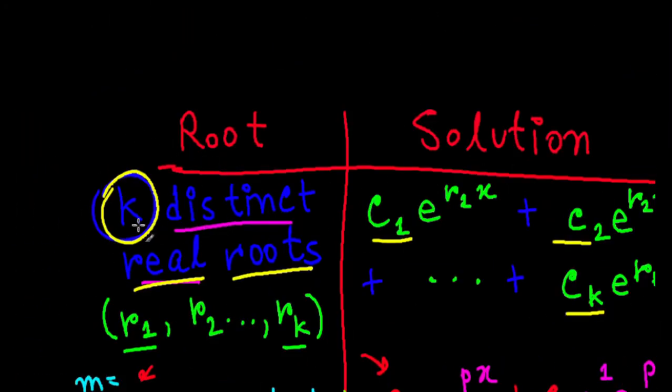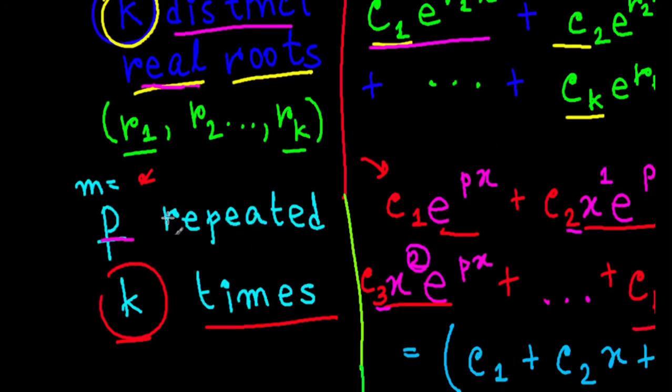If there's some number of distinct real roots, we know how to deal with that. It's this iconic term of ours. We need to do that for every real root, and then just add all of them. If we have a real root that's repeated, I really should have emphasized the fact that this is a real root.